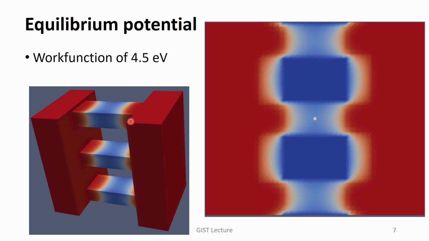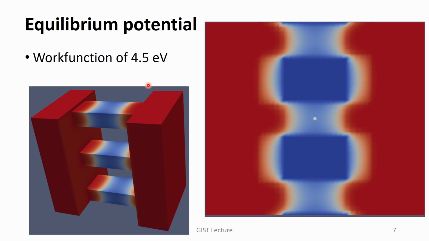These figures show the electrostatic potential at equilibrium. The metal work function of 4.5 electron volts is assumed. As studied in this course, the metal work function can be adjusted by changing the process conditions.